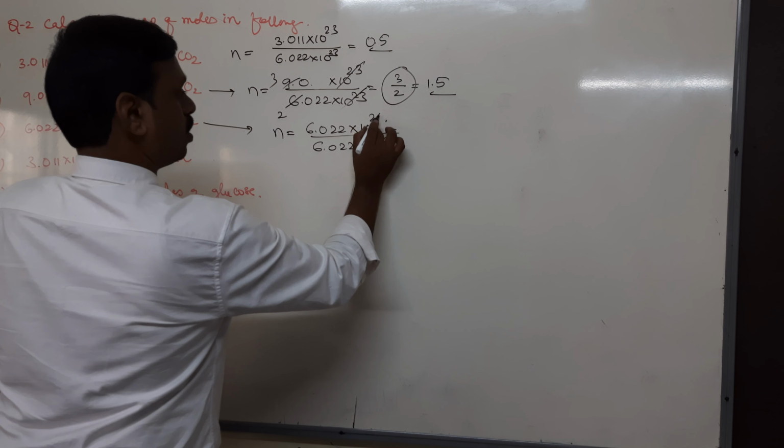Now tell me this. In the numerator it is 3.011 into 10 power 22 divided by 6.022 into 10 power 23. Last one.